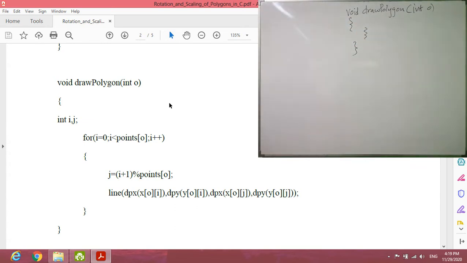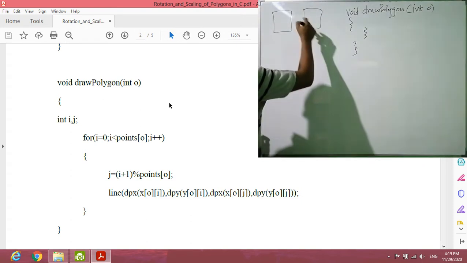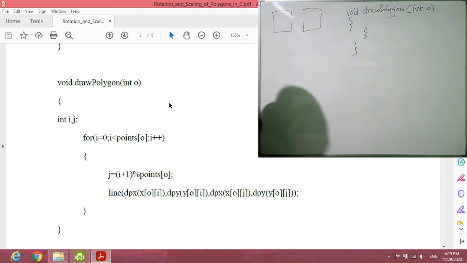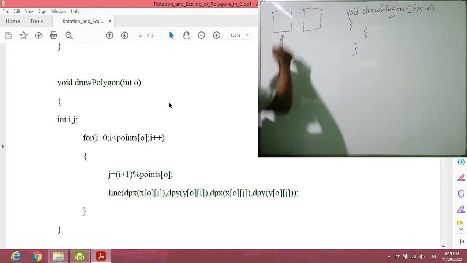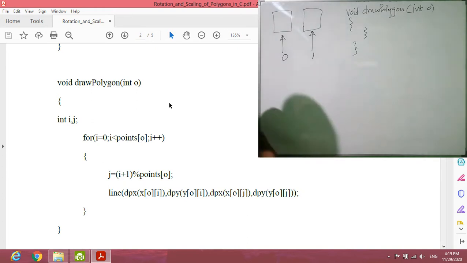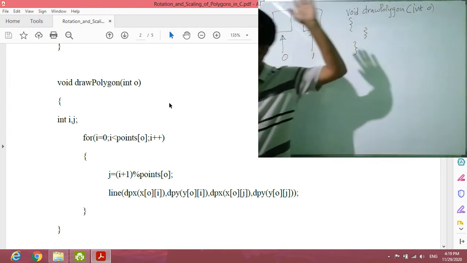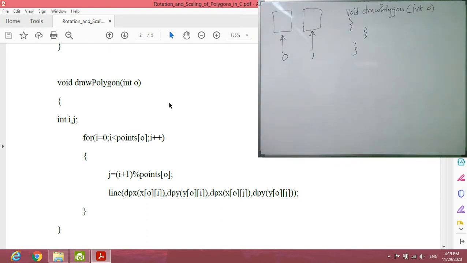Earlier I told you that we will be dealing with two squares and I gave indices to them, this one 0, this one 1. Likewise if we have many polygons, many squares, 0, 1, 2, 3, 4, 5, any number of squares you can represent in this way.